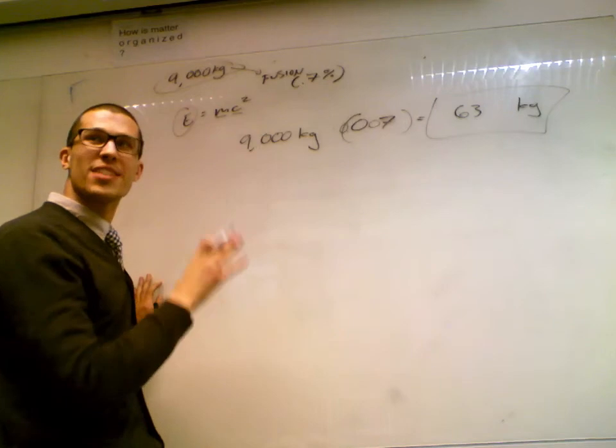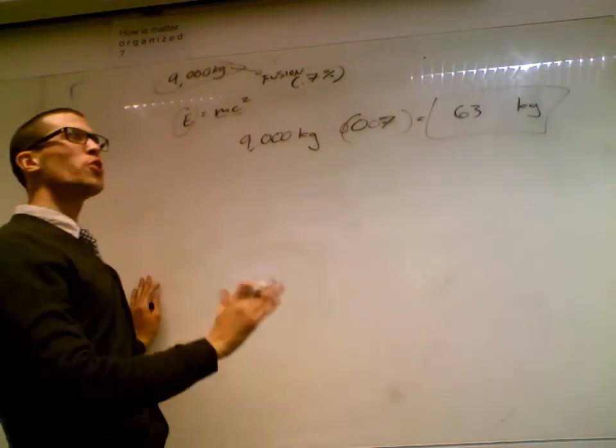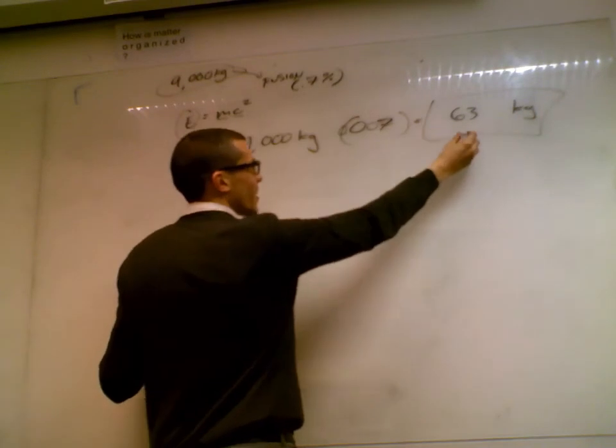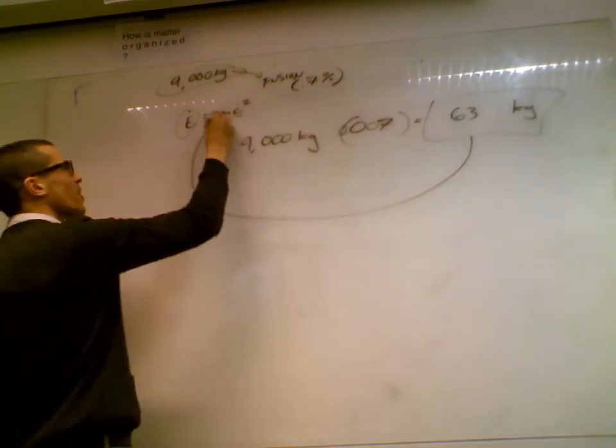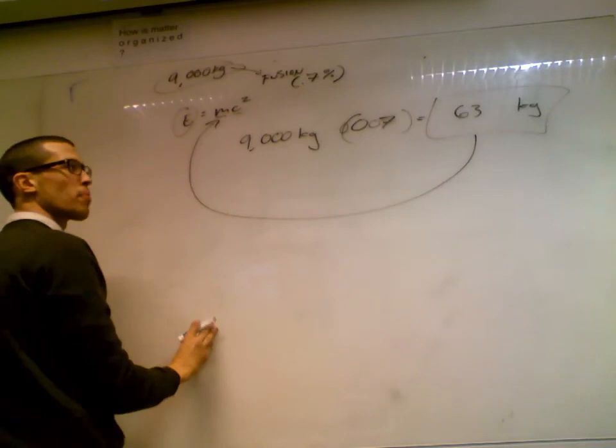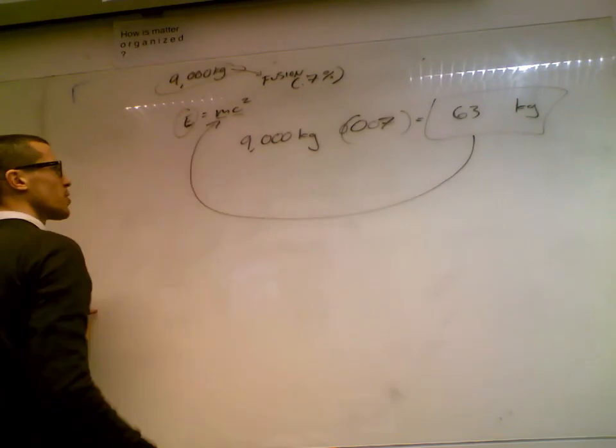That's the amount of mass that's turned into pure energy. Just pure energy. That's crazy. Now, let's put that into this equation to get our pure energy out of this reaction.